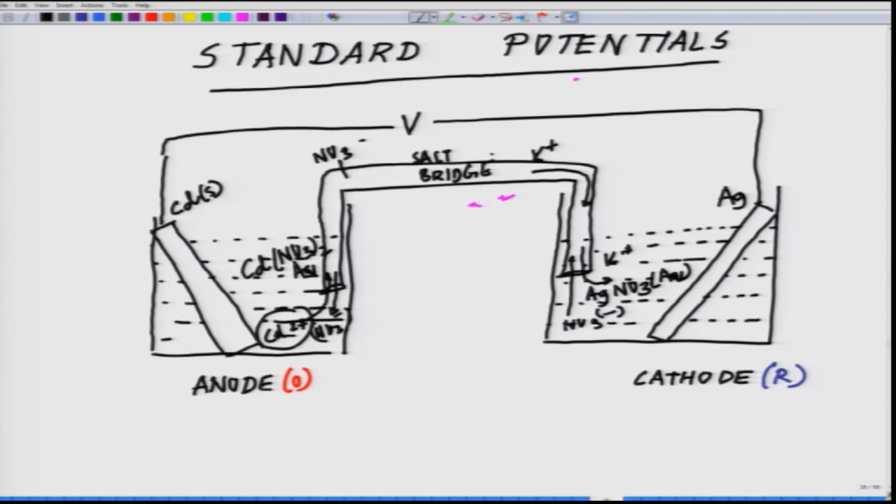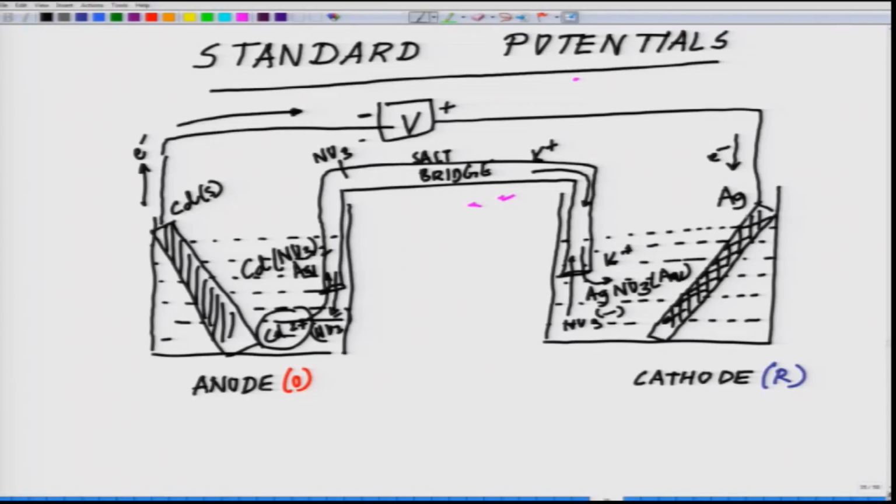More or less this is what we have talked about, and we said that on this cadmium surface the oxidation is taking place. This oxidation leads to liberation of electrons. These electrons go to the voltmeter. This is the negative terminal and this is the positive terminal; I will come to this axiom. So, the electrons go to the negative terminal, and on the Ag surface, the surface of the cathode, the reduction takes place.